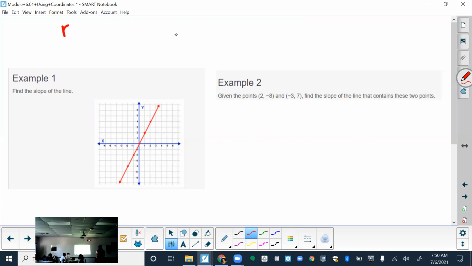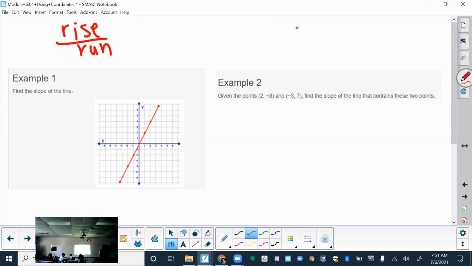You're not wrong, you can use y2 minus y1 over x2 minus x1. You can figure out what coordinate this point is and what coordinate that point is. But since it's a graph, what else could I do? That might be a little easier. Good. So I would probably use rise over run myself for number 1.